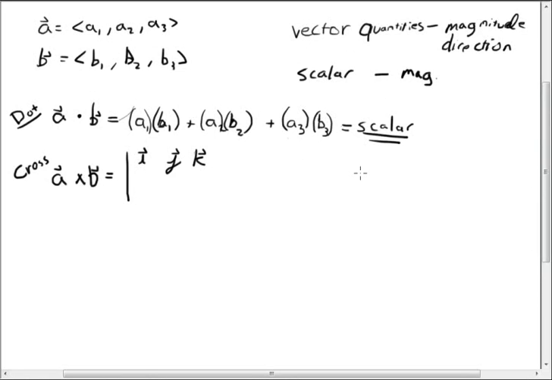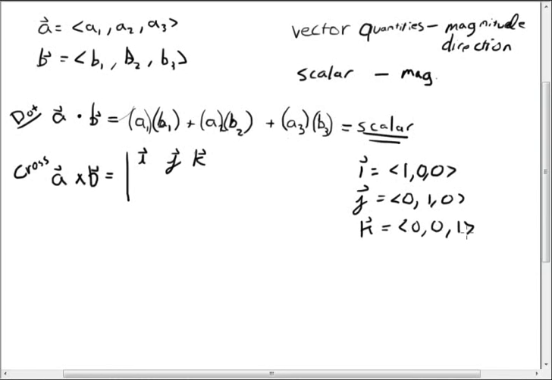The basic vectors. I is equal to 1, 0, 0. J is 0, 1, 0. And K is 0, 0, 1.